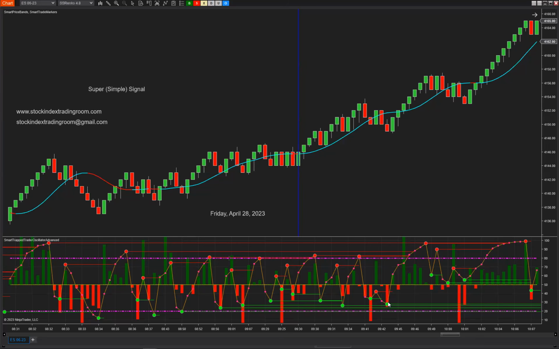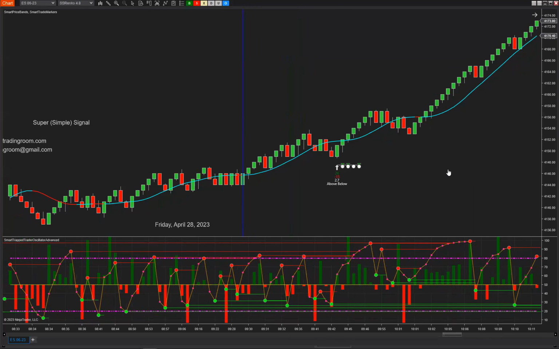So what we're going to do is add any red delta bar that sticks below a green reversal dot indication is a rocket. So now we're going to take this green bar below our cyan line that has a rocket associated with it, and it's a super highly qualified signal.